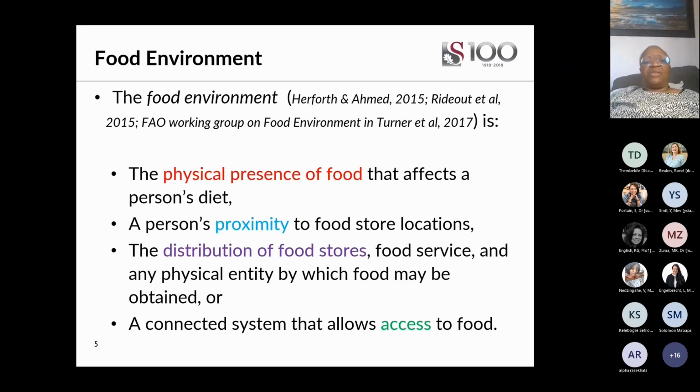Furthermore, it's about the physical presence of food. It is also about the proximity to food stores, their location and distribution, and also the types of these food stores and the type of food that they make accessible.